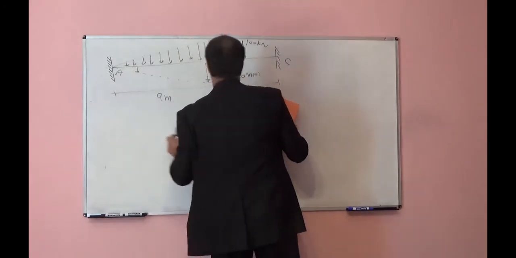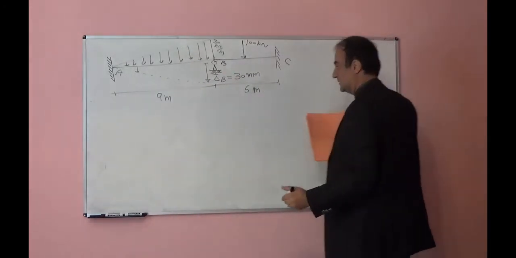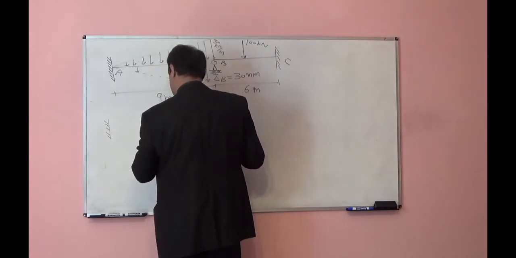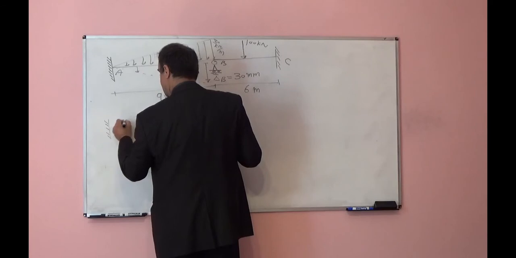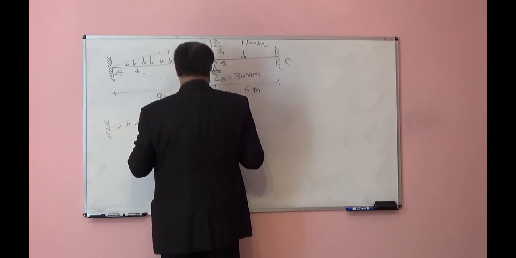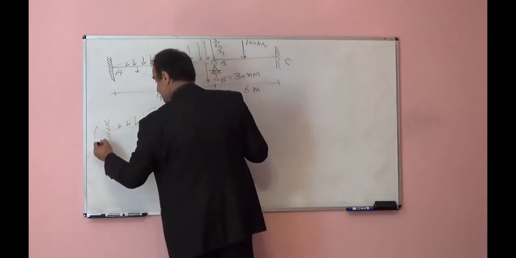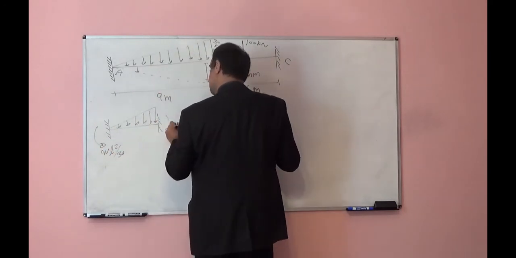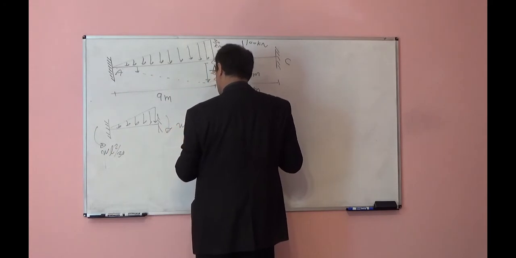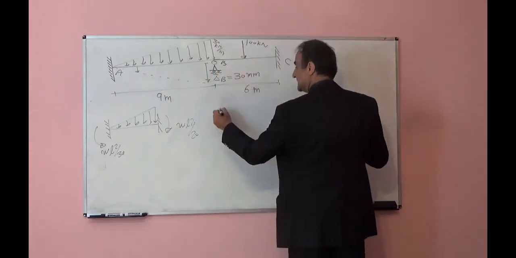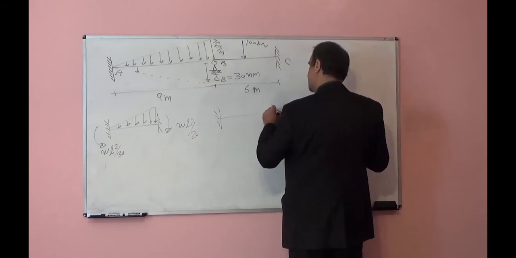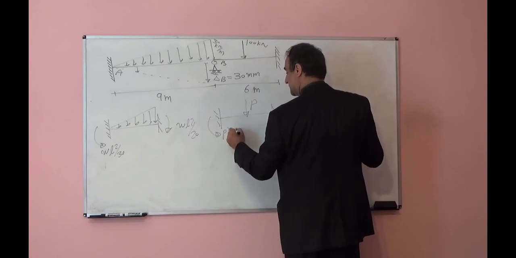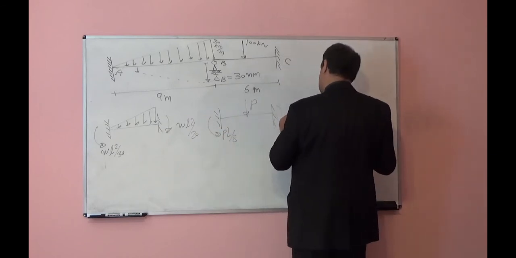For span AB, the fixed end moment for this one will be W L squared over 30, and this one will be W L squared over 20. For BC, both of these will be PL over 8.